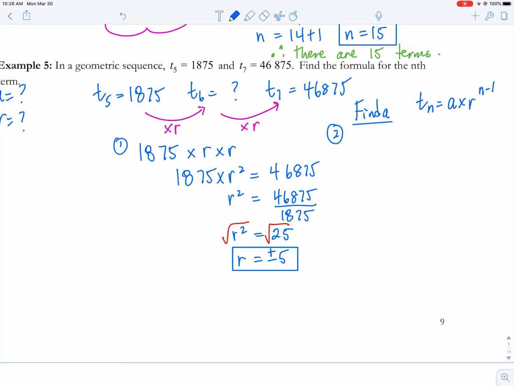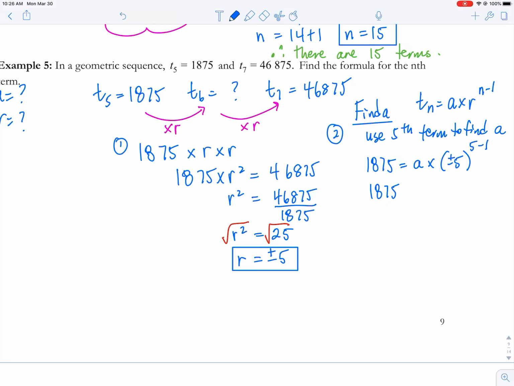That's our general. And we're going to use the fifth term to find A. So we know that t to the 5 equals 1875. But we know that also equals A times plus or minus 5 to the 5 minus 1.